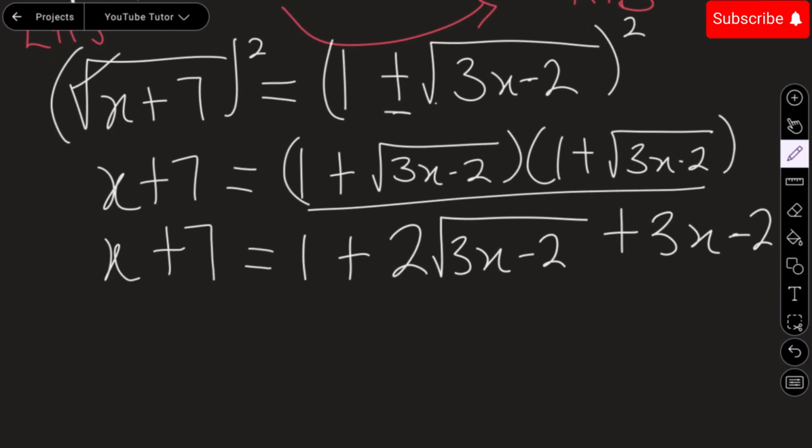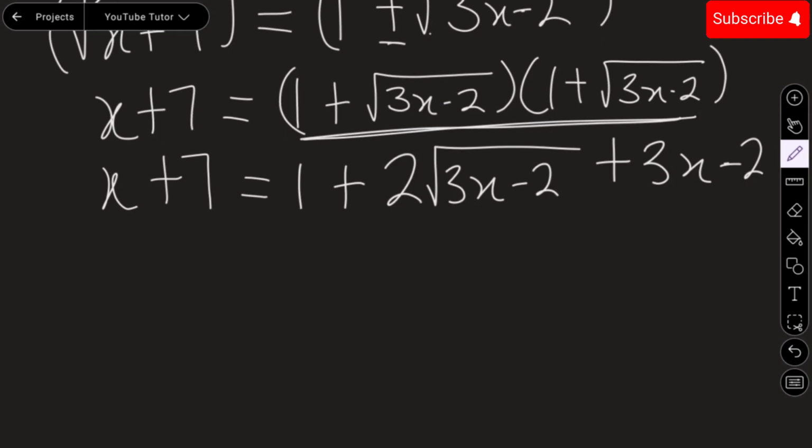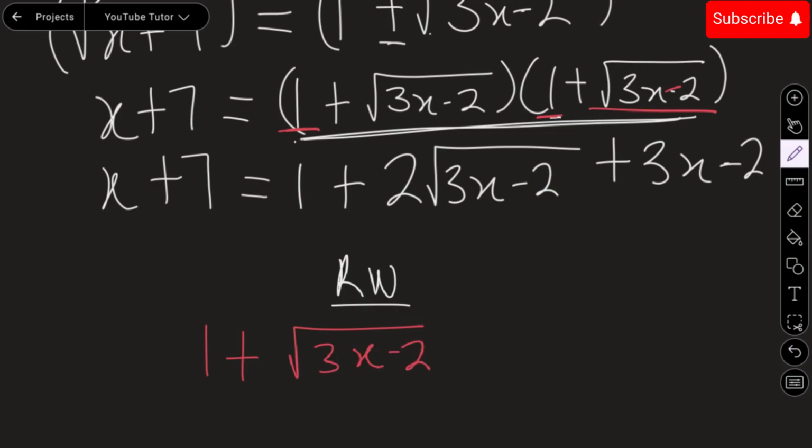Now if you are wondering how we got that, you can see this expression. Let me just do rough work here. 1 times 1 gives us 1. 1 times root 3x minus 2 gives us the same thing, because any number times 1 gives the same number, and this times 1 gives us another root 3x minus 2.